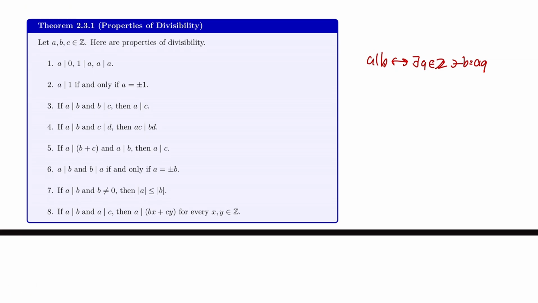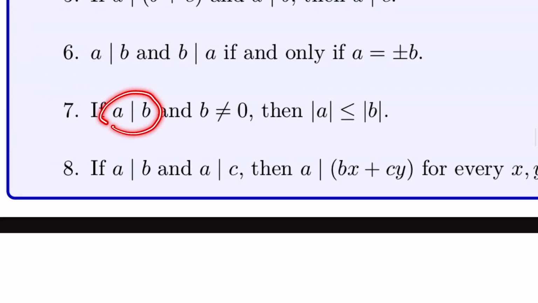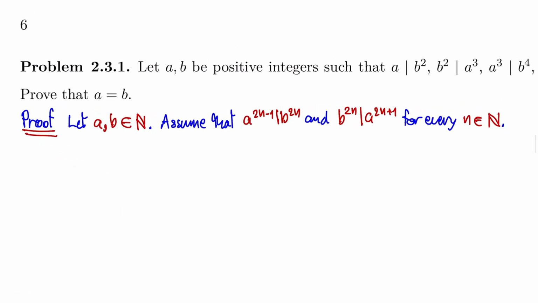I want to choose this one. Number 7 is quite promising. If a divides b and b is not 0, then the absolute value of the divisor is less than or equal to the absolute value of b.